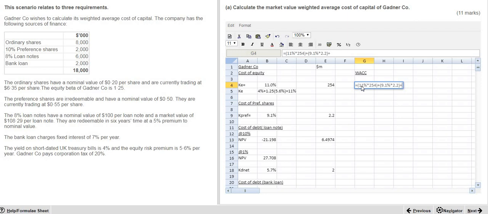Add this to the cost of the loan note, which is what, let's say 6.5. Multiply by the market value. No, that's not, that's 5.7. I was taking the market value. That's 5.7, sorry. Multiply by 6.5, which is the market value.